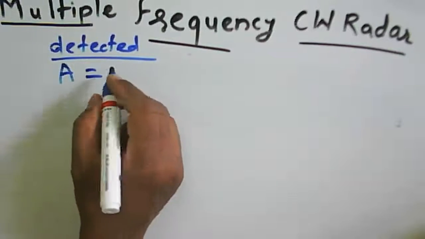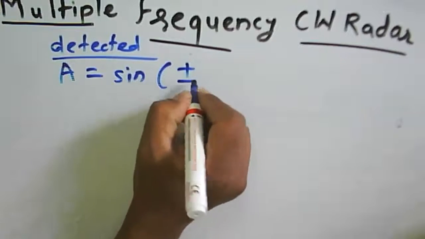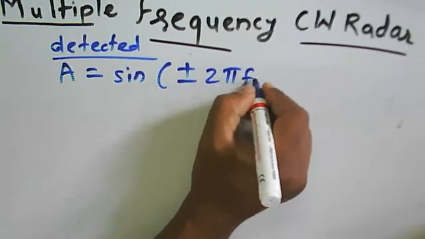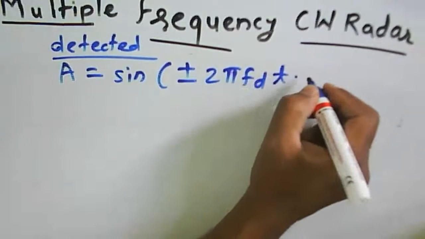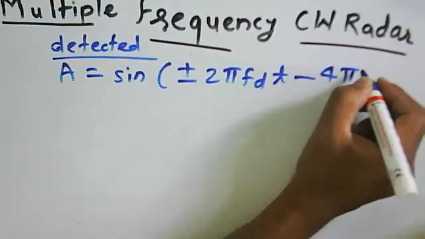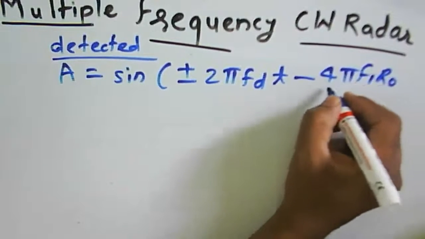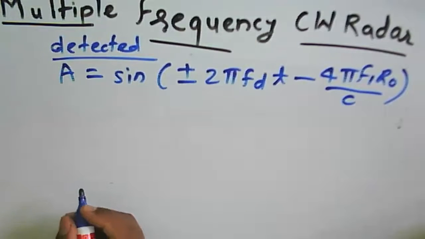In that case, A will be nothing but what we are interested in, only the shift in the frequency. So that's why 2 pi fd t minus 4 pi f1 r0 over c, that is the part of your phase that we are expecting there.